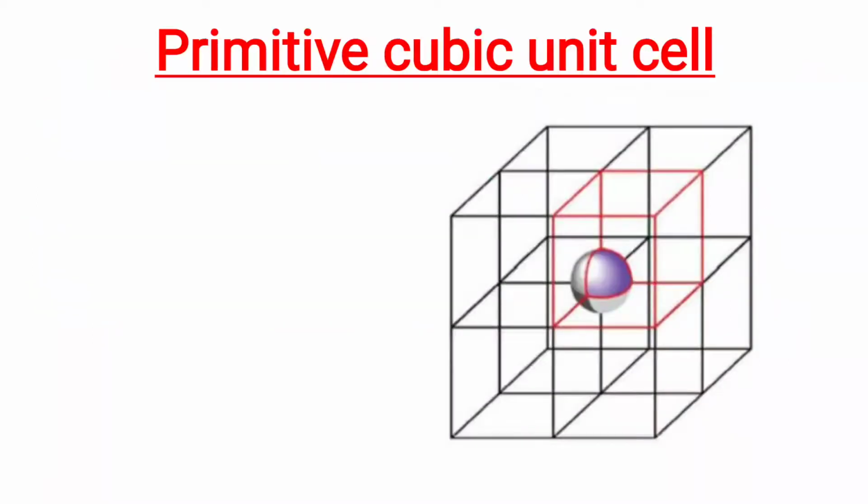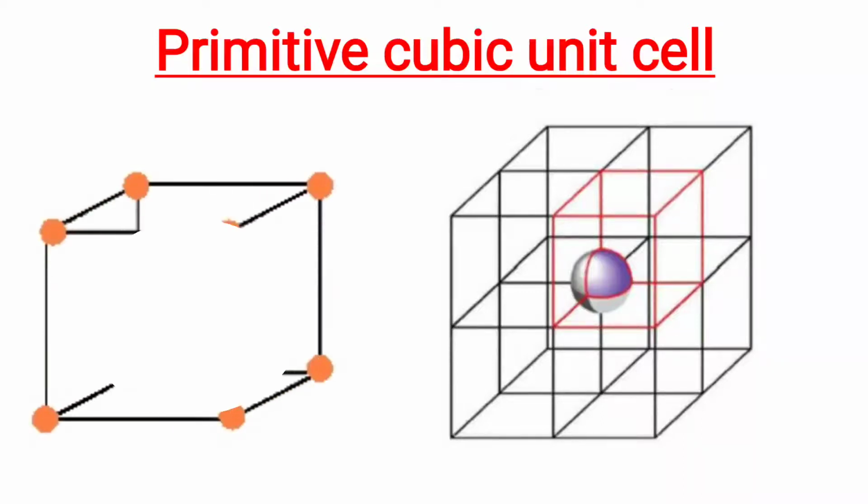Dear students, let's take the primitive cubic unit cell. What is a primitive cubic unit cell? You can see that all the angles alpha, beta, gamma are equal to 90 degrees and a, b, c are equal. And you can see that the 8 corners have the constituent particles.